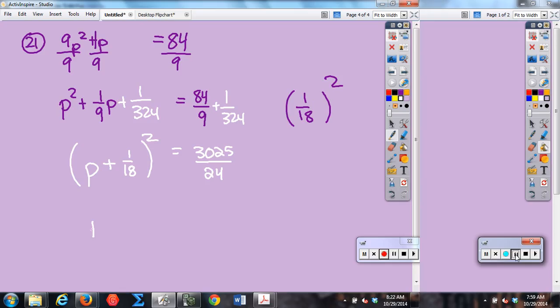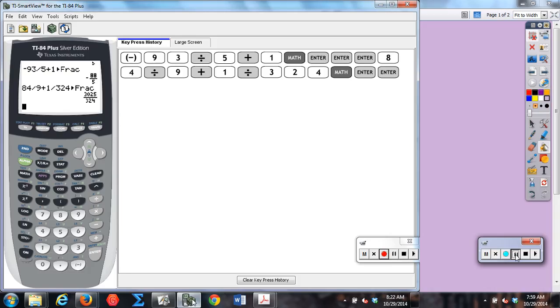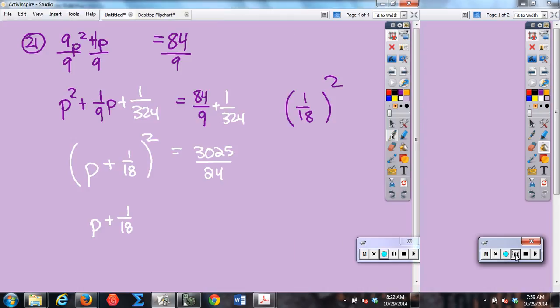Can you take the square root of 3025? It's 55. Well, that's terrible. And this is 18. So this is going to be way better than the last one.